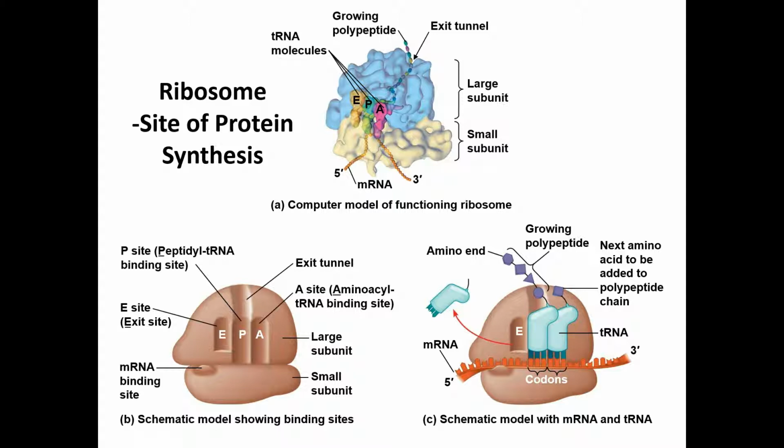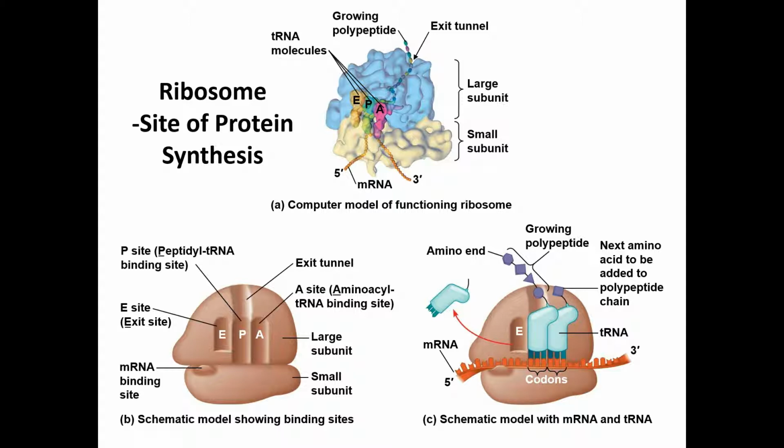Those previous videos that I showed you did a really good job of describing what happens at the E, the P, and the A site. The A site is where the charged aminoacyl tRNA molecule binds.